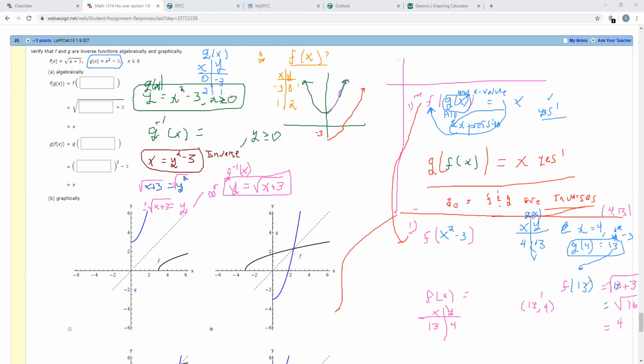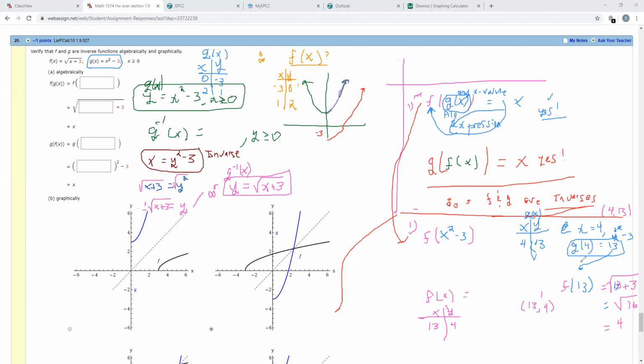Now put that range value 13 back into the other function, f, compute, and if you get 4, then you just showed that 4, 13 is the inverse partner to 13, 4 from these two equations.